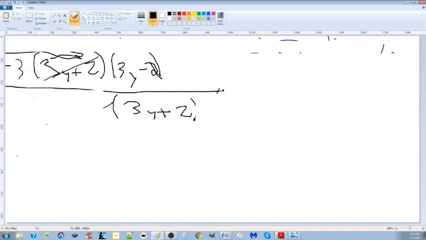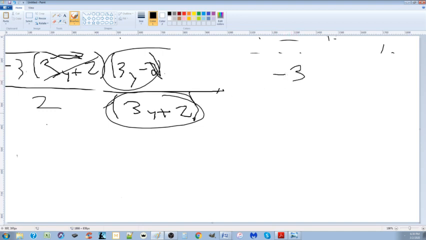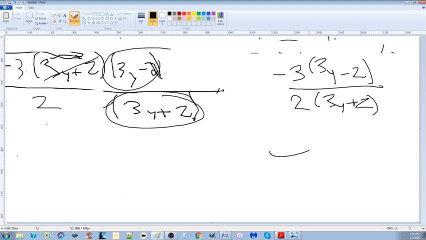So those are simplified. And then 3y minus 2 cannot be simplified with 3y plus 2. They are different terms. And if I factor a minus 1 out of here, this becomes minus 3y minus 2. Different terms, so I can't fix it. So I'm just left with minus 3 in brackets 3y minus 2, divided by 2 times 3y plus 2 in a bracket, and all my restrictions.